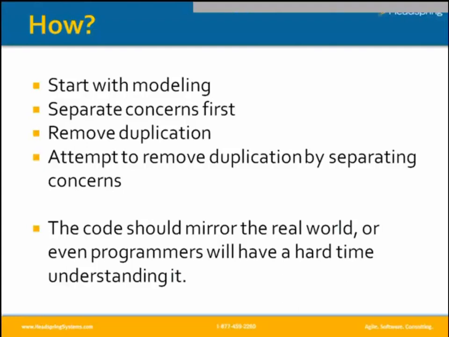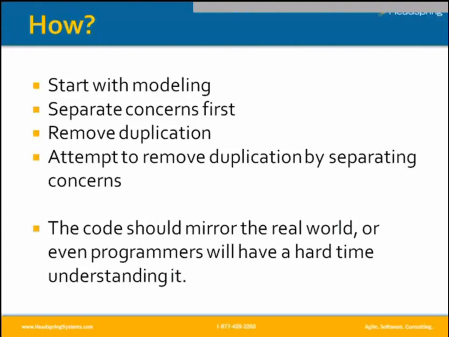And what I have found is that when we properly separate the concerns of our model, we end up with less accidental duplication. But when we attempted to remove duplication first in our model, we ended up with a lot more duplication in the code that we then had to work really hard to separate concerns.